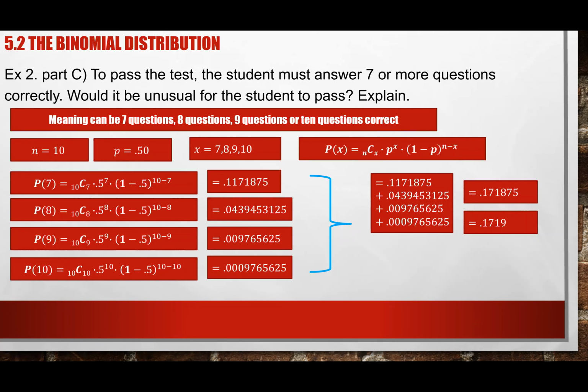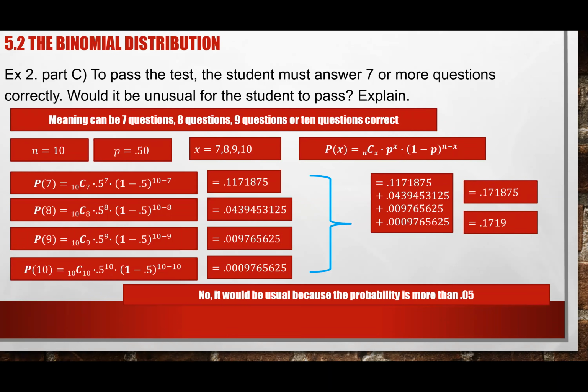Now, if you don't have a question, go back to the unusual category. Remember, the cutoff is: in order to be unusual, your probability has to be less than 0.05. Is this number 0.1719 less than 0.05? Hopefully you say no, right?